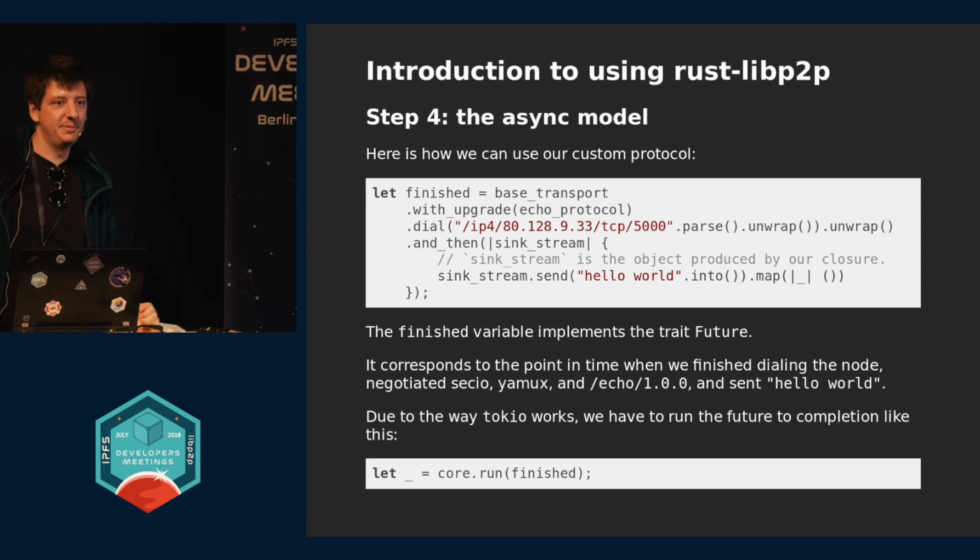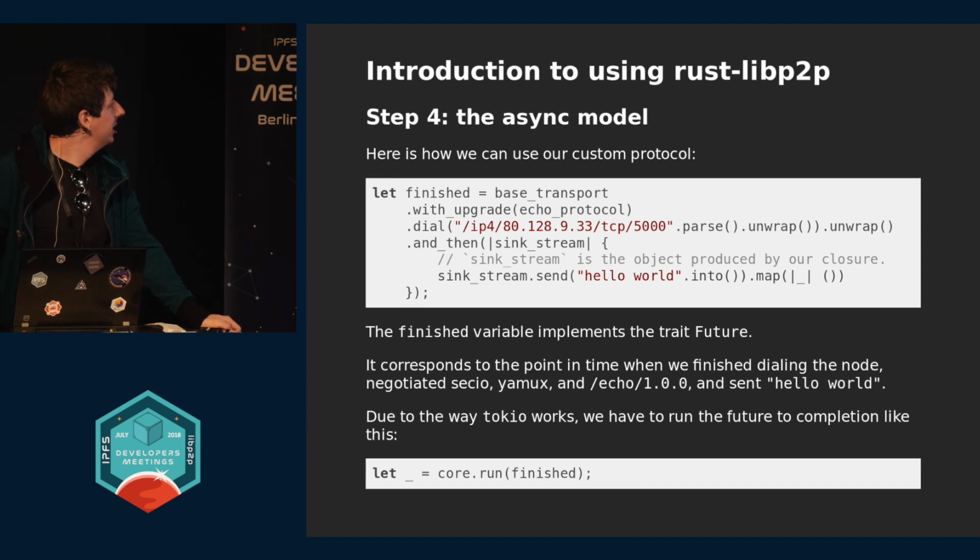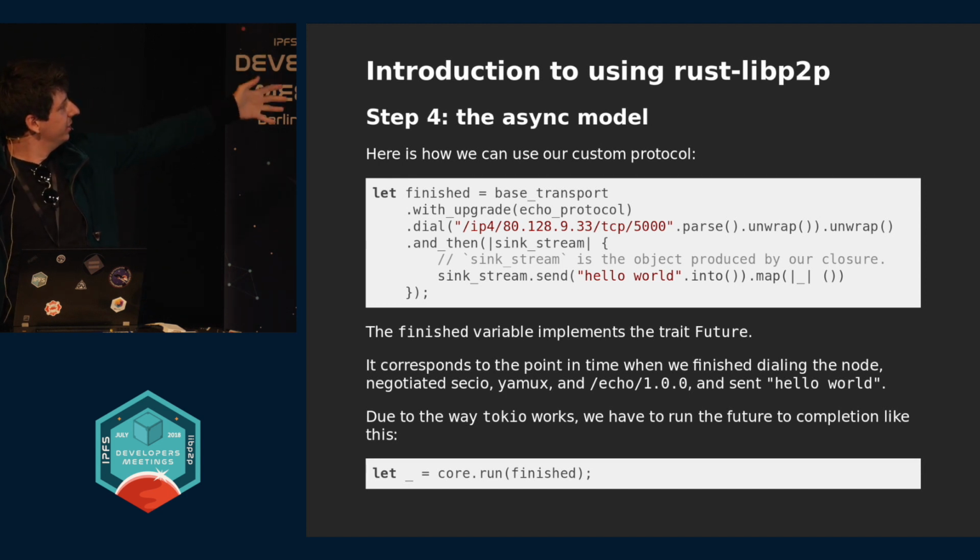There are a lot of critics about Tokio being difficult to use, and I agree with that, but in the future it's going to improve a lot by additions to the Rust language. And so, one thing I put in this slide as well. We do this whole thing with upgrade, we dial, and then we send hello world, and that's put into a variable named finished.